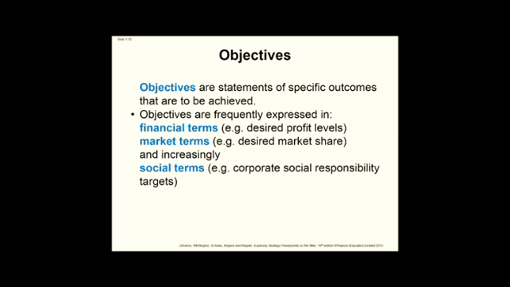Many organisations will express their 5-10-year objectives in three groups: financial, market and social. The financial objectives are obviously very important. Our objective is to maintain a return on shareholders' funds that averages 15% per annum over the 10 years, or something like that.